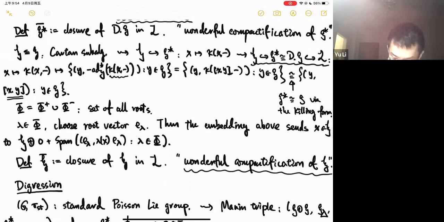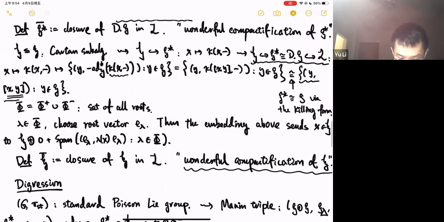If you go back to this last line here, it's not too hard to see that the embedding of H into L sends an element X of H to this Lagrangian subalgebra.